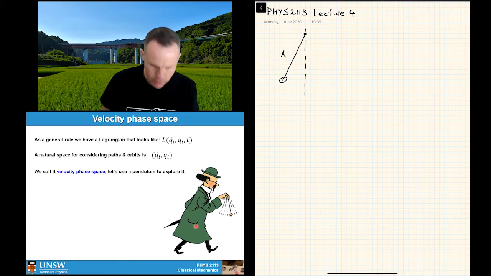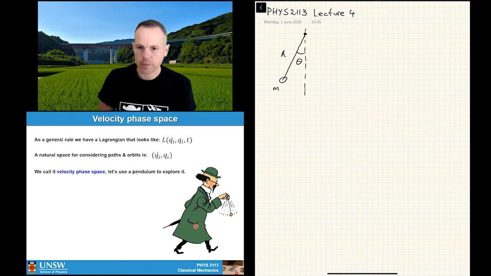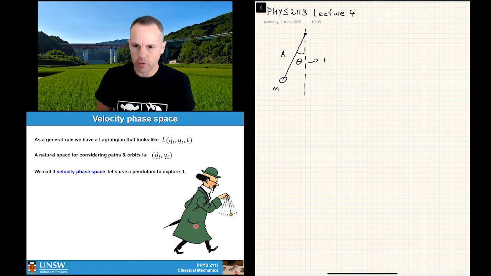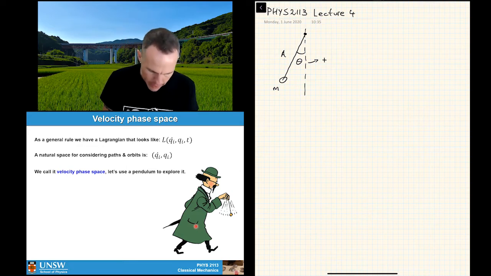The length of the rod connected to the body is a, the mass is m, the displacement angle here is theta, and, just for the sake of argument, we'll consider the positive displacement direction to be anti-clockwise, just in case we want to be specific about any arguments here.